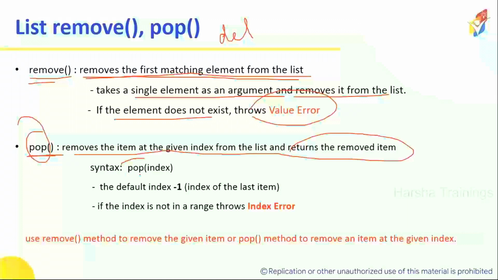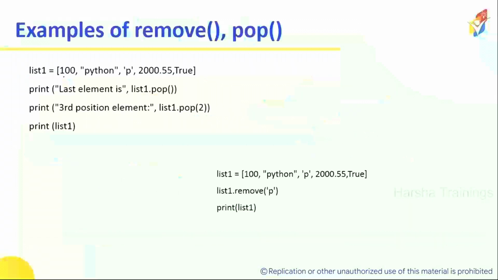Now, the pop function takes an index as an argument, and the remove function takes an element as an argument. If the element is available, it is going to remove it. If the element is not available, it returns an error. Whereas the pop function will do two operations.